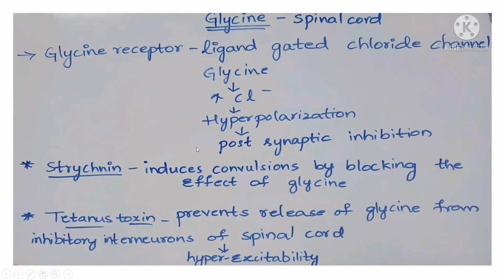Here the drugs acting are strychnine, which induces convulsions by blocking the effect of glycine. If the glycine effect is blocked, we cannot see the inhibition, there will be excitation. And tetanus toxin prevents the release of glycine from the inhibitory interneurons of the spinal cord and it leads to hyperexcitability.